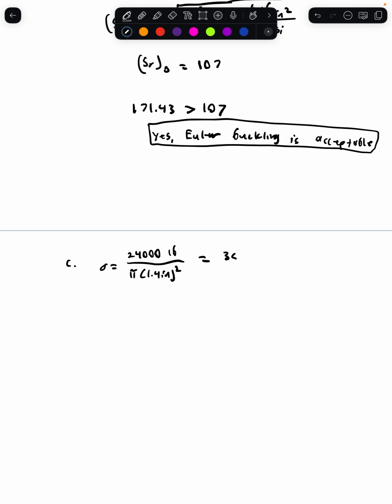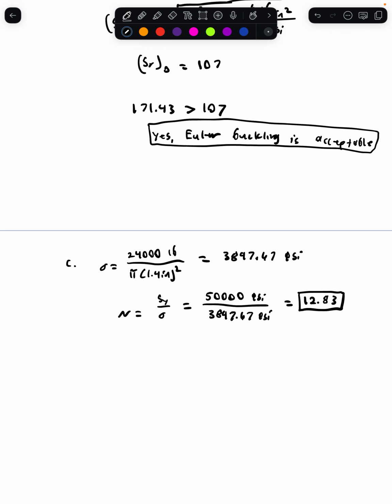So that's 3,897.67 psi. Then our factor of safety is just our yield strength over that stress we just found. So yield strength of 50,000 psi divided by 3,897.67 psi. It's going to be 12.83.